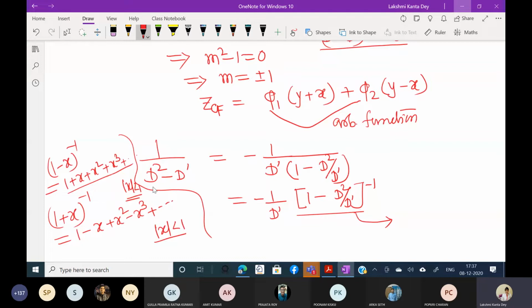So how can we get this from the binomial coefficient? In general, I can write x plus a whole to the power n. This is a binomial expansion, as all of you know, whenever n is a positive integer, and it has exactly n plus 1 terms.